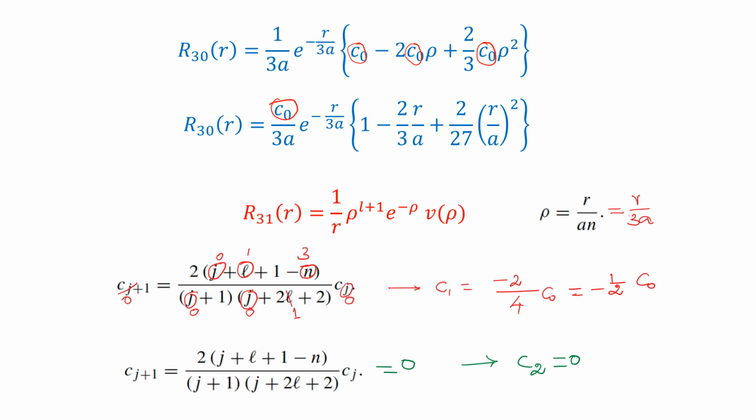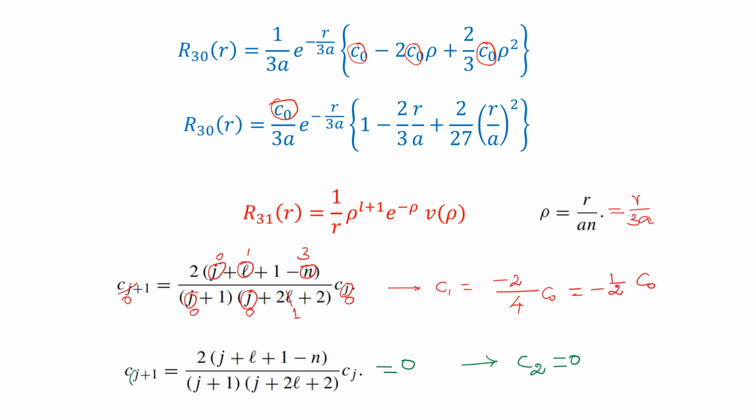This j equal to 0 gives C naught. So minus 2 over 4 C naught, which is equal to minus 1 by 2 C naught. Now we will see when j is equal to 1.